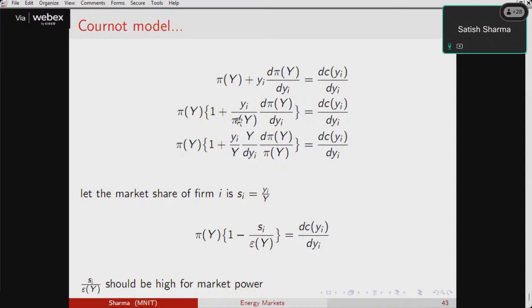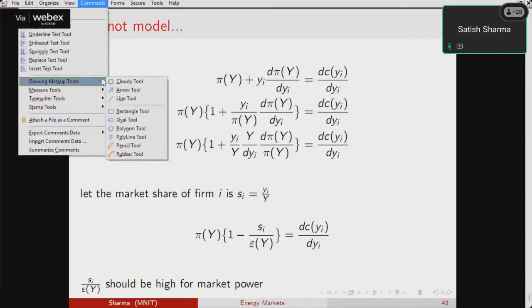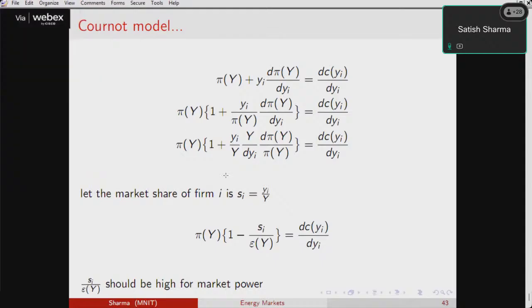And if you multiply by capital Y, pi can be taken out, and this entire term can be rearranged by multiplying and dividing by capital Y. And here we can assume that yi upon capital Y, which is this first term, is basically the share S. So this first term is the market share of the firm.